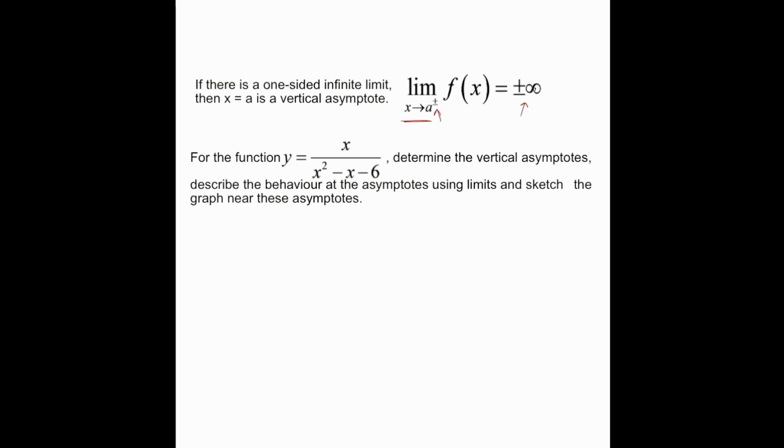So let's look at an actual example of what a function would look like. Here's the rational function, x over x squared minus x minus 6. We're being asked to determine the vertical asymptotes, describe the behavior at the asymptotes using limits, and sketch the graph near those asymptotes.